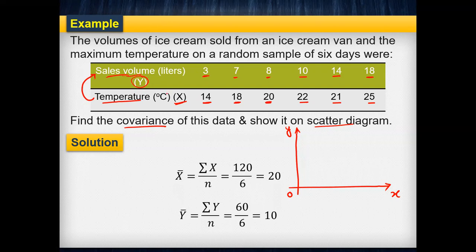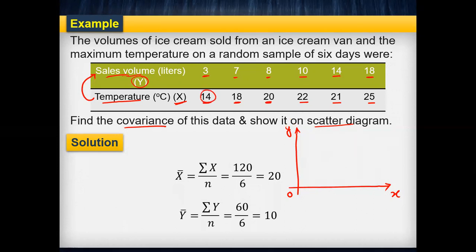Once you identify which variable is x and which one is y, we move ahead. On the horizontal axis we take the independent variable, and on the vertical axis we take the dependent variable. Now we just scale.